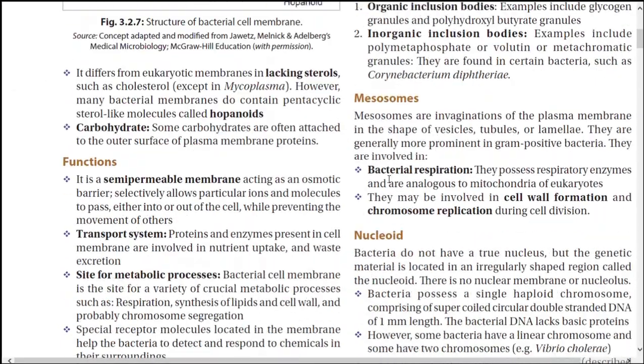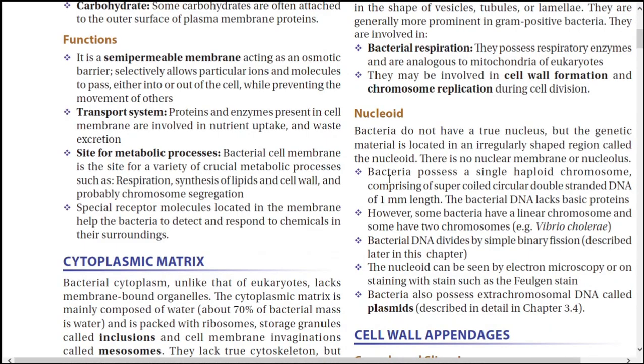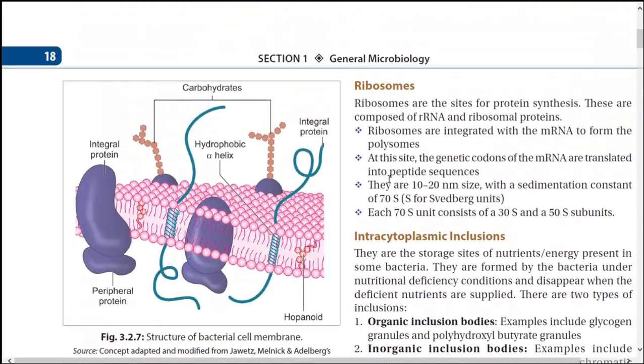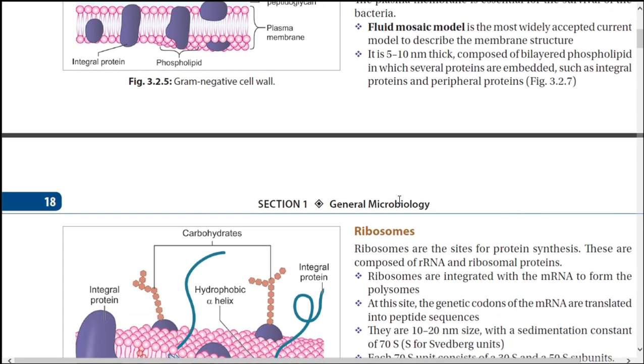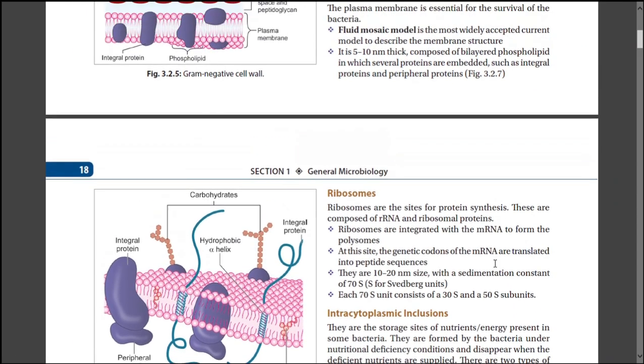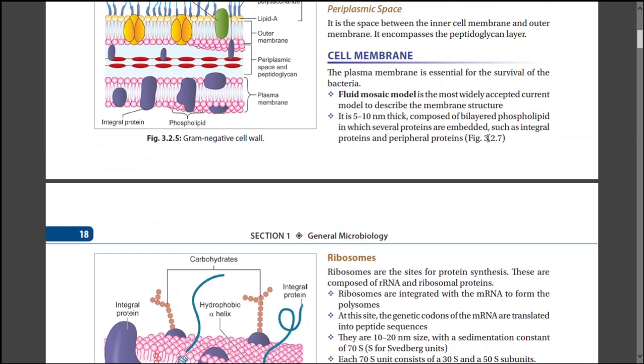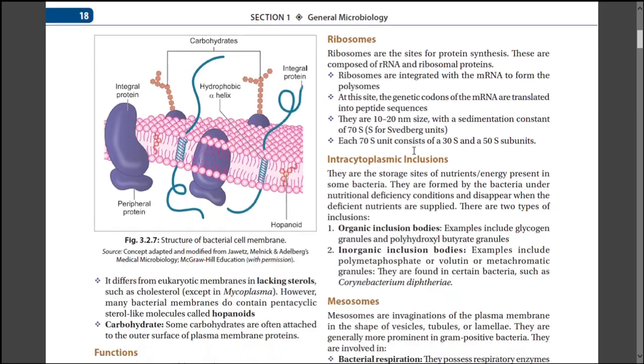Next, I am going to the cell membrane. The cell membrane of bacteria obeys the fluid mosaic model and contains a phospholipid bilayer, in which several proteins are embedded as integral proteins and peripheral proteins.